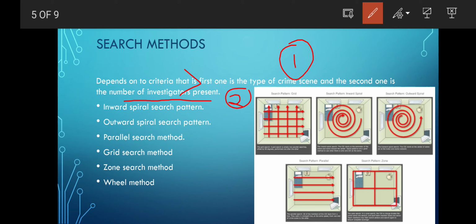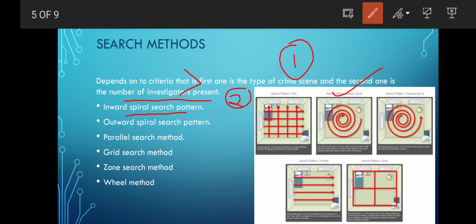So the first one we have is an inward spiral search pattern. In this inward spiral search pattern, you can see on this side we have these images, right? The second image represents the inward spiral search pattern.